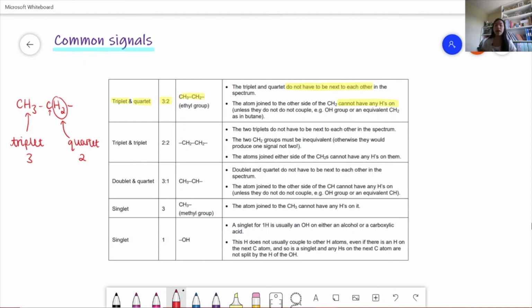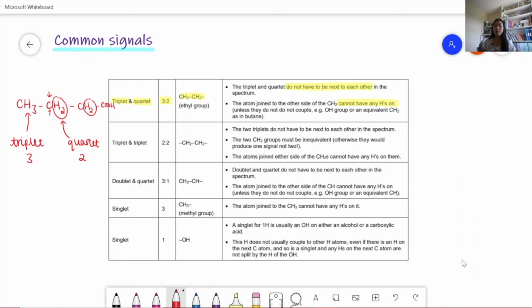And the reason why we can't have anything on the other side of this carbon here is because then we wouldn't have a quartet. But if we had, for example, a CH2 group on here, and then, for example, a carboxylic acid, then these two hydrogens would also have an effect on our hydrogens, and so it wouldn't form a quartet peak anymore.